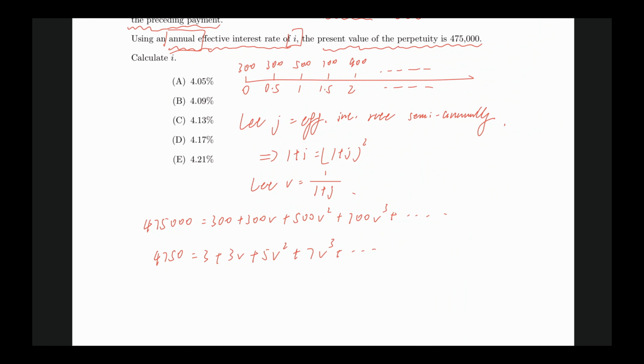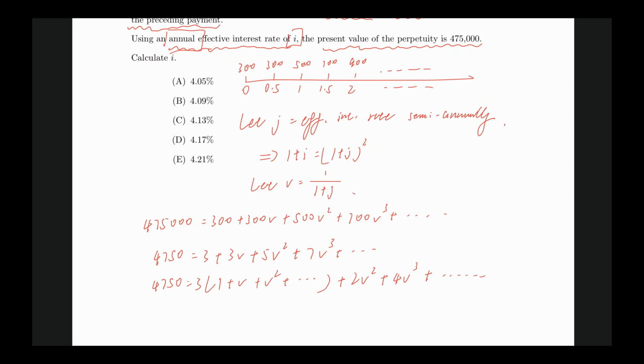Well, I can maybe factor a 3 out: 1 plus v squared plus blah blah blah. And notice that for all the terms here, there are going to be more than 3, so I need to add them back, which will be 2v squared plus, the next one will be, I believe, 4v cubed plus blah blah blah.